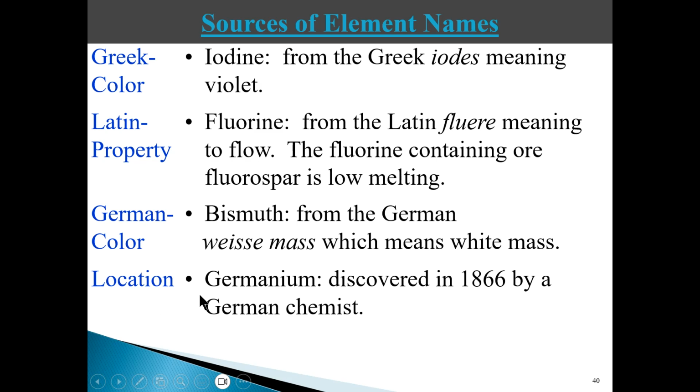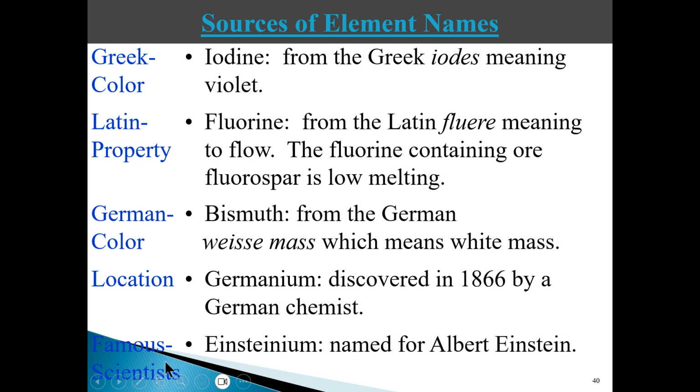This element is known as germanium, and it is named after Germany after being discovered by a German chemist. And then a last one here is one that's named after a famous scientist, Einstein, Einsteinium. So this is named after Albert Einstein.